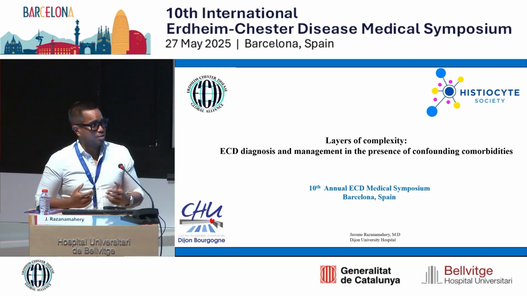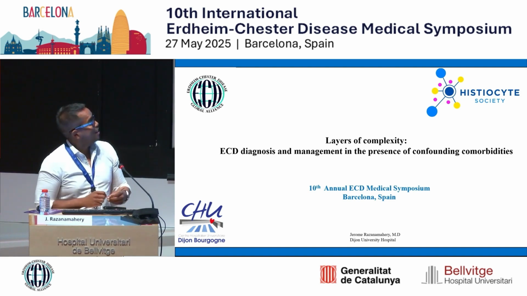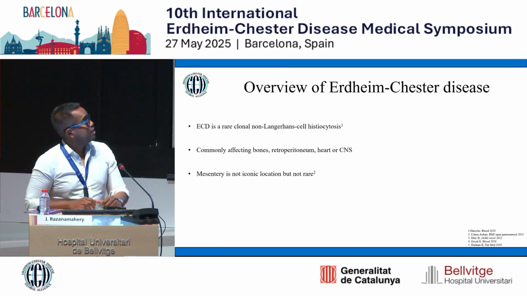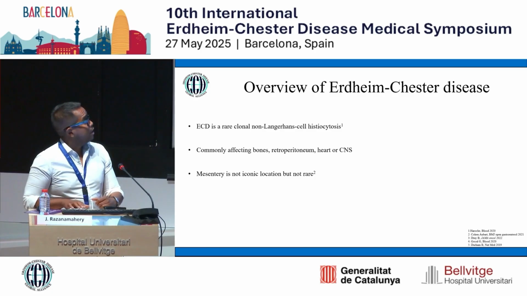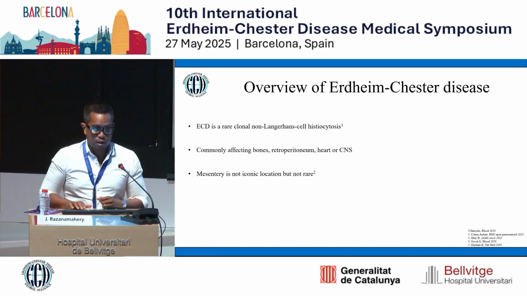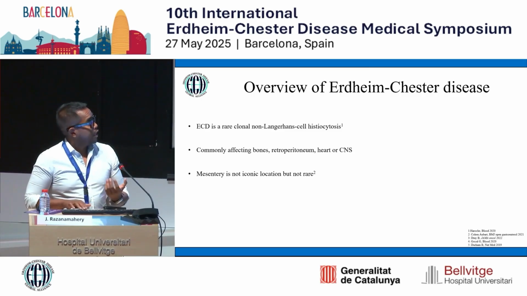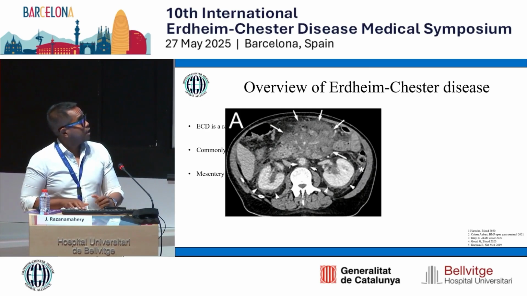I say ECD is already difficult, so it's going to be complicated, but we're going to do it. So, overview of ECD, as we all know, it's non-Langerhans cell histiocytosis. It's affecting bone and retroperitoneum, and the mesenteric involvement is not an exceptional location, but it's not part of the iconic locations.